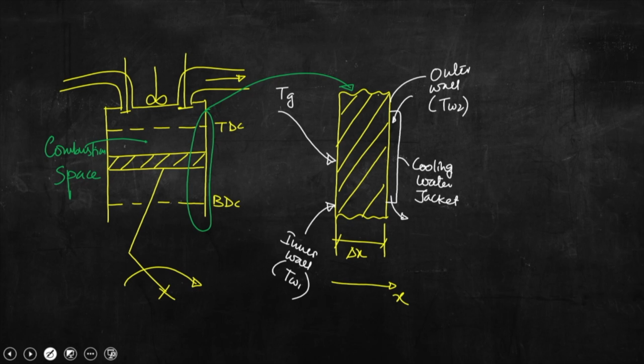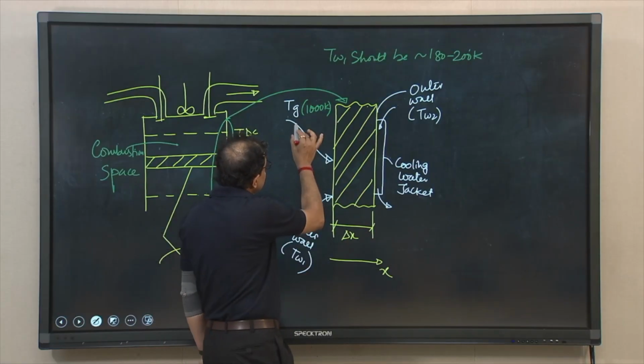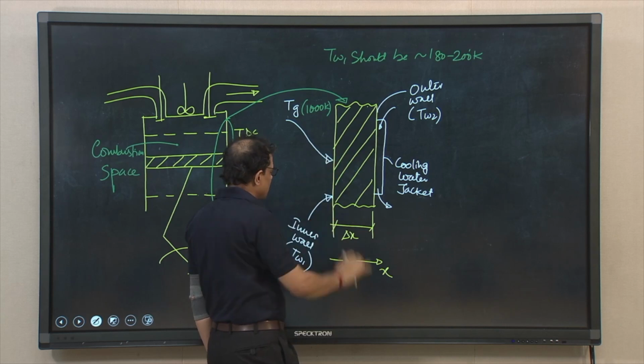Let me tell you one thing, TW1 should be within 180 to 200 Kelvin, right. That means Tg is of the order of say 1000 Kelvin. So immediately convective transport of heat will occur from the combustion gas to the inner wall of the cylinder.